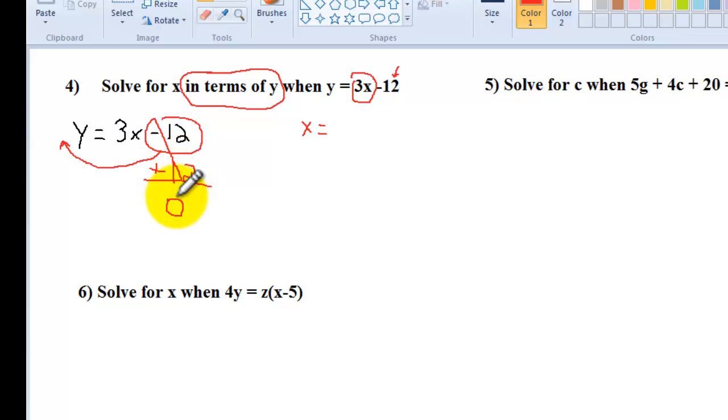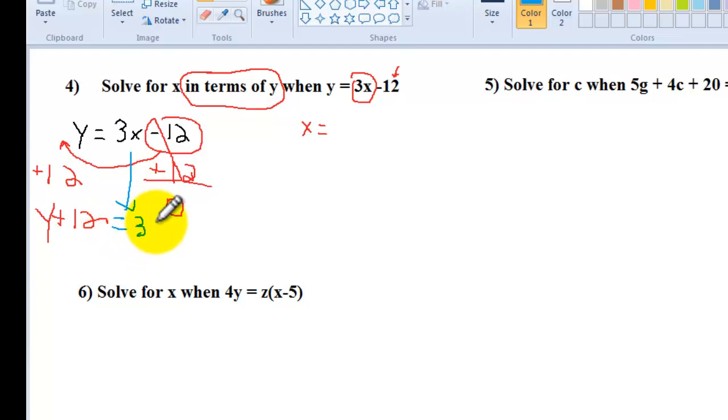But we have to, because it's algebra, whatever we do on this side, we have to do on this side. So we added 12 on this side, so that means we add 12 on this side, which then becomes y plus 12. This doesn't go anywhere. 3x didn't go anywhere. Bring it down along with your equal sign.